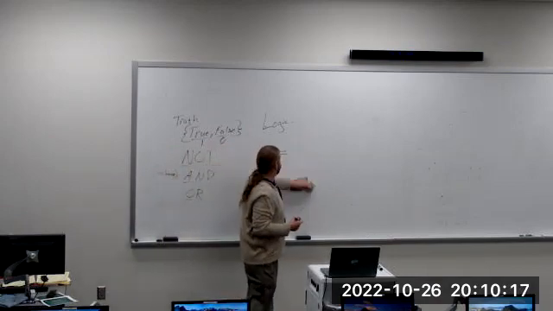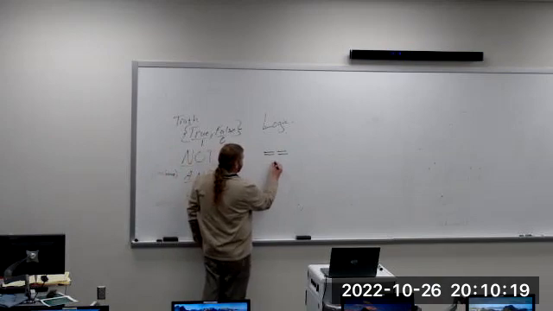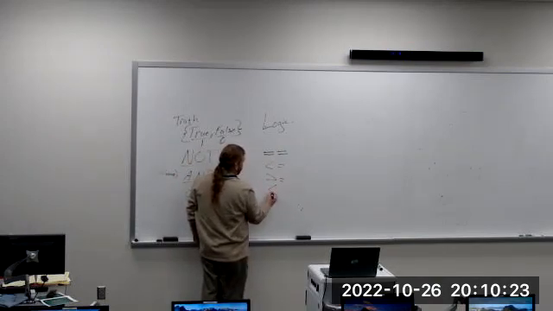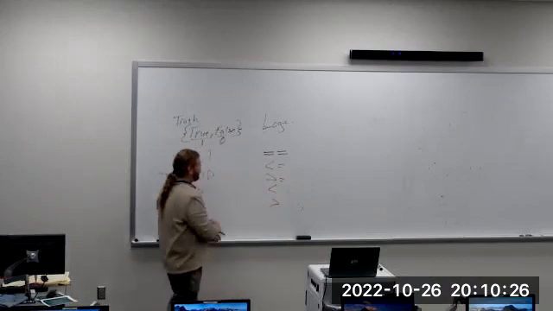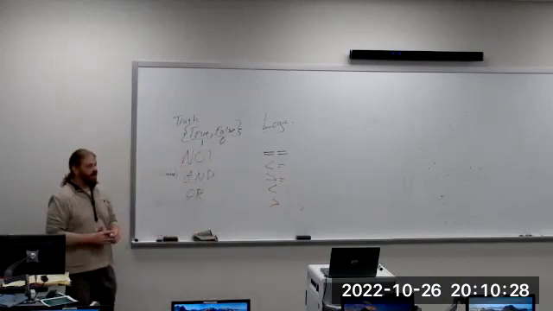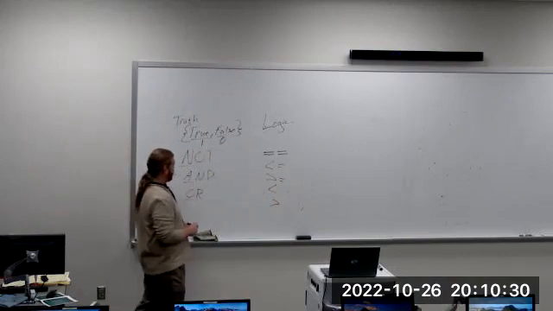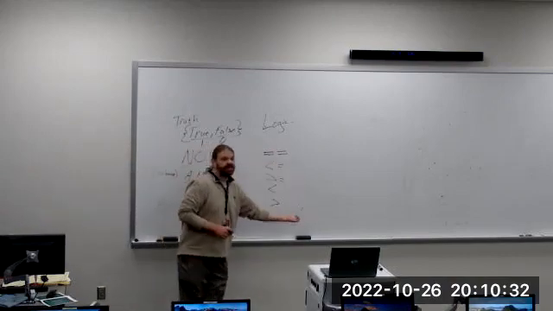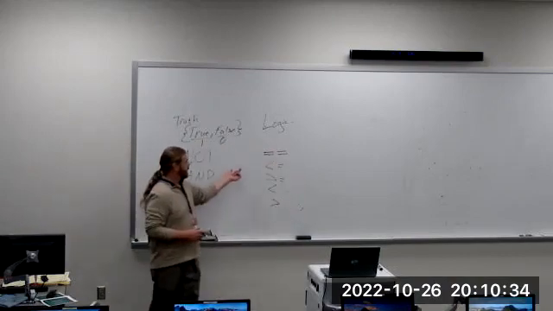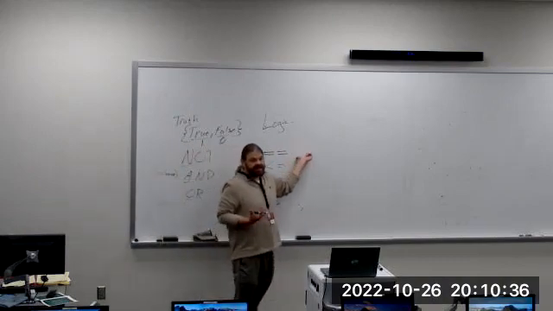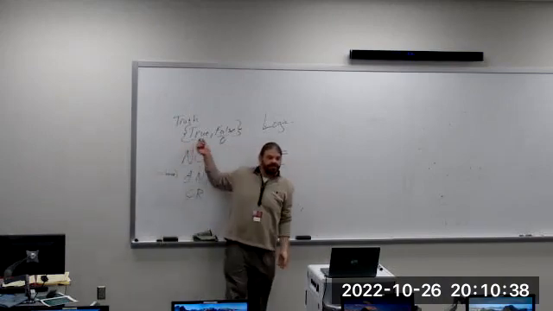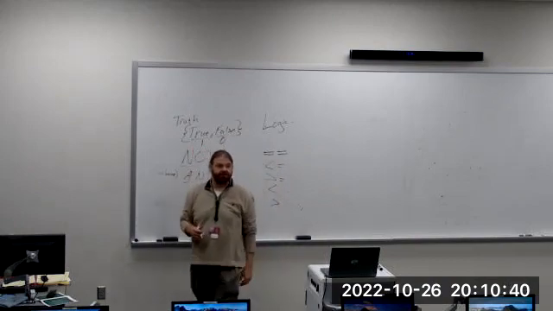So that's where the three equal signs come in, and then some of our other ones: less than or equal, greater than or equal. Same things without the equality to it. And these give us truth values, right? Two numbers are equal. It's either a yes or no question. It's true or false. If we write that down, it's either true or false.